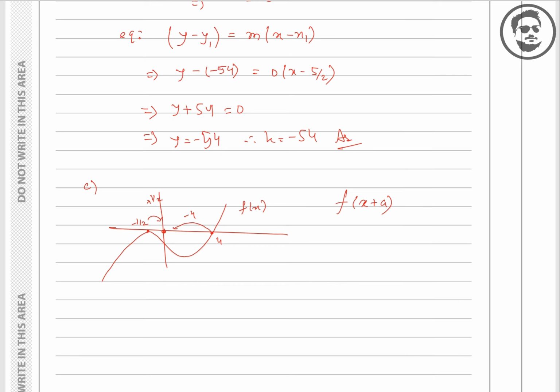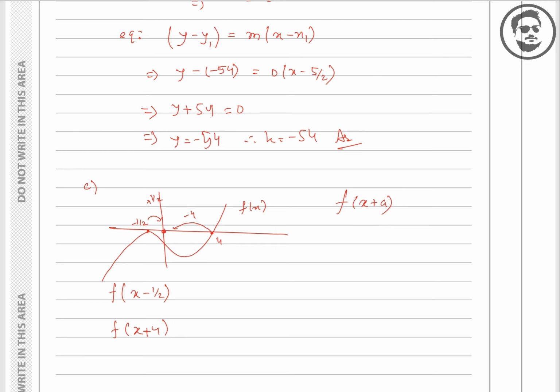So the two possible translations are adding half, so this will be f of (x plus half), because for x it is the opposite way of doing the translation, and when we deduct 4, we should write f of (x minus 4).